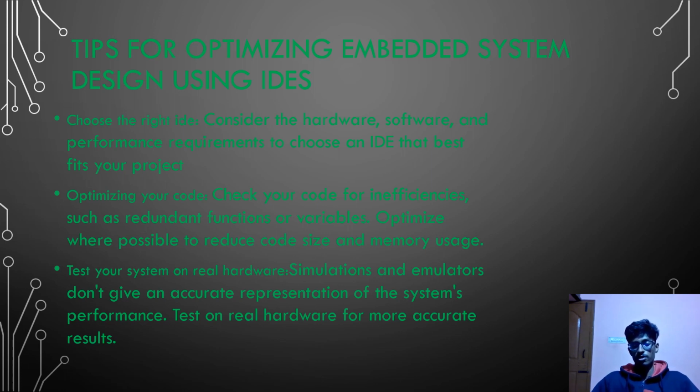Optimizing your code: check your code for inefficiencies such as redundant functions or variables. Optimize where possible to reduce code size and memory usage. So they're telling us to reduce the code size and not to frequently use the same variables and functions again and again in the program.